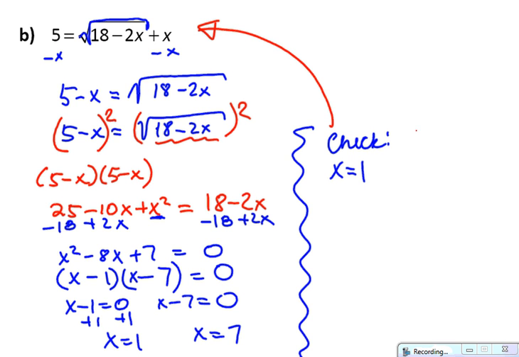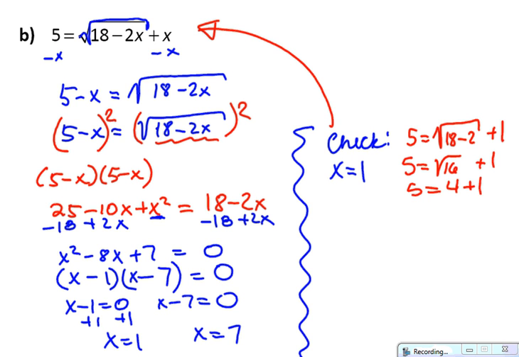So that's going to be 5 is equal to the square root of 18 minus 2 times 1, so minus 2, and then outside of the radical plus 1. So that's 5 is equal to the square root of 16 plus 1. 5 is equal to 4 plus 1. 5 is equal to 5, and so x equal 1 checks.